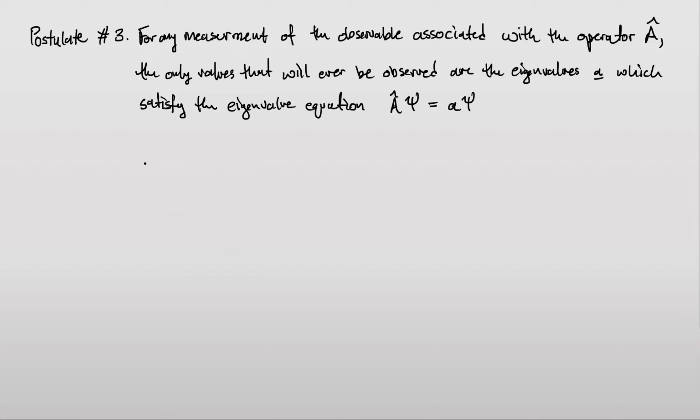So I think it would be most productive to consider this equation right here: e to the i (p x plus e t), where p is momentum and x is position. And we actually want to do i over h bar.